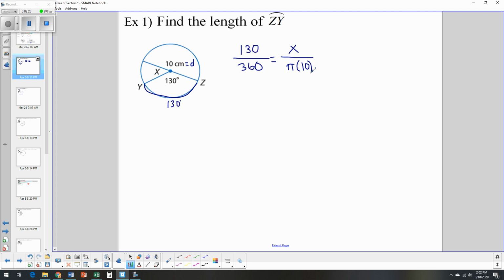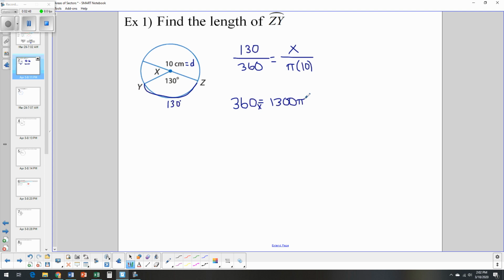This should be much more familiar for us. We have a proportion we're going to solve by cross multiplying. So I'm going to get 360x, and for now I'm going to keep it in terms of pi. So I'm going to have 130 times 10, oops, lost my x there, equals 1300 pi.